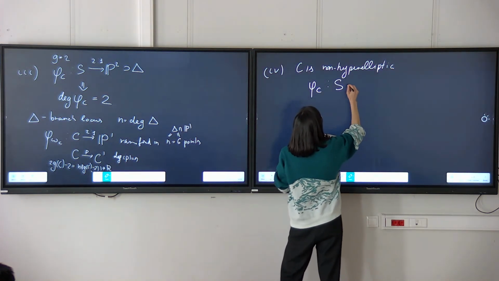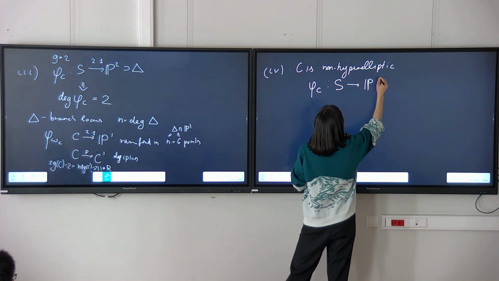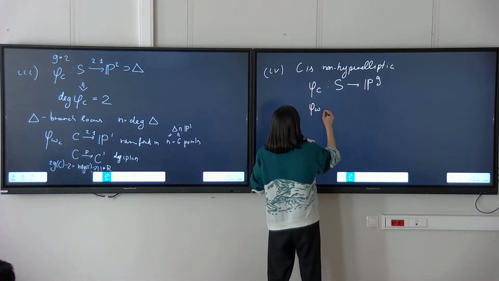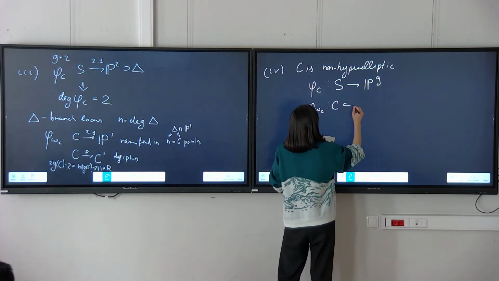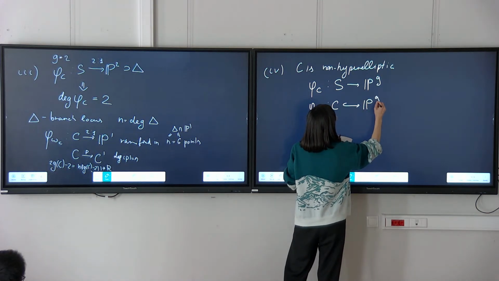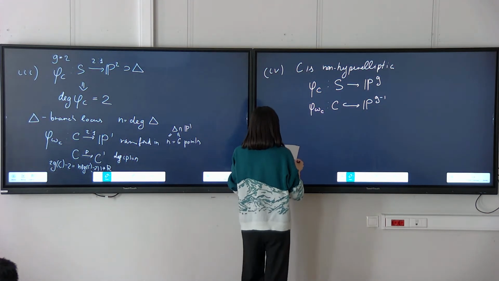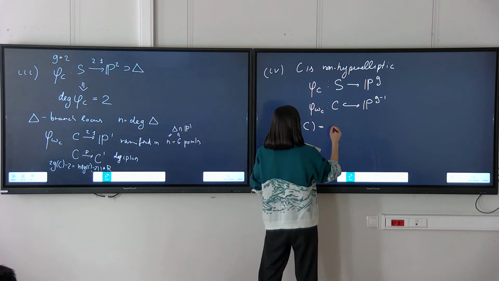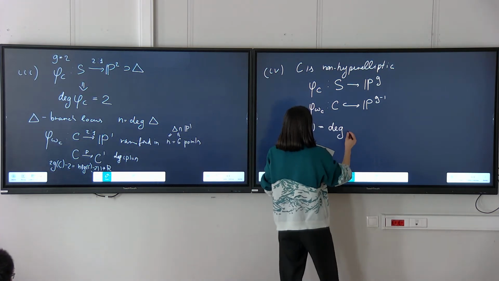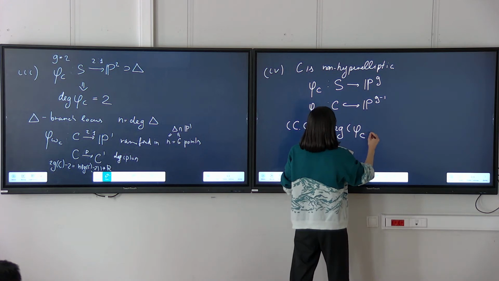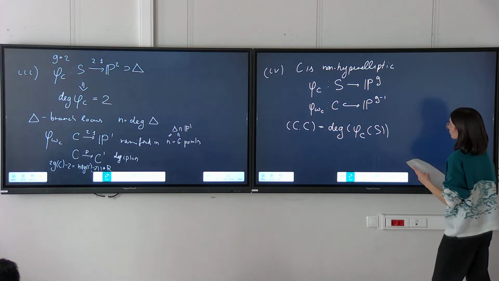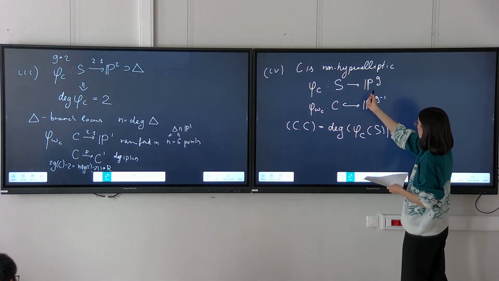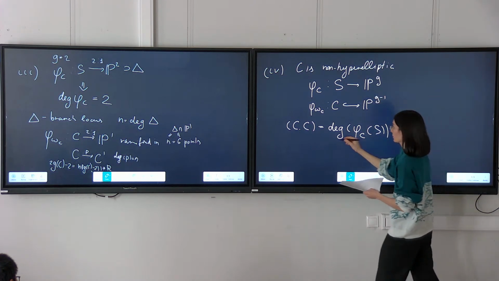So we have an embedding of C to PG, and we know that its restriction is the embedding of C into PG minus 1. So we see that C times C is just the degree of the corresponding surface, just because, as before, C is the restriction of the hyperplane here, right?